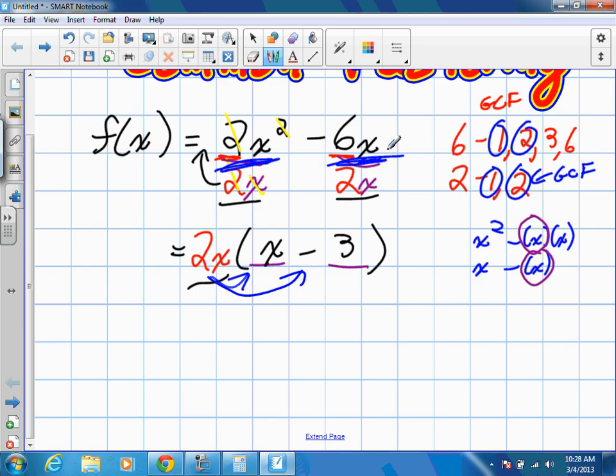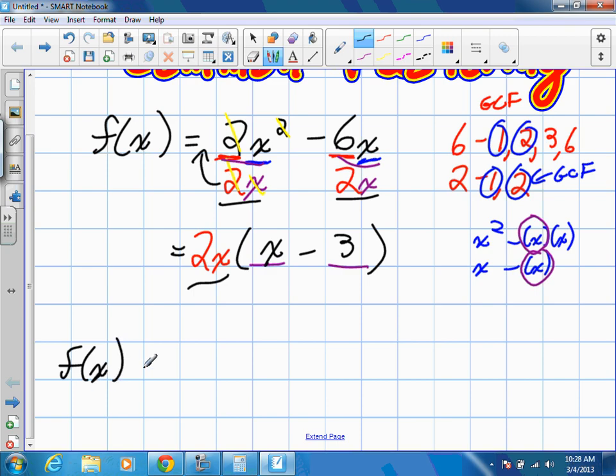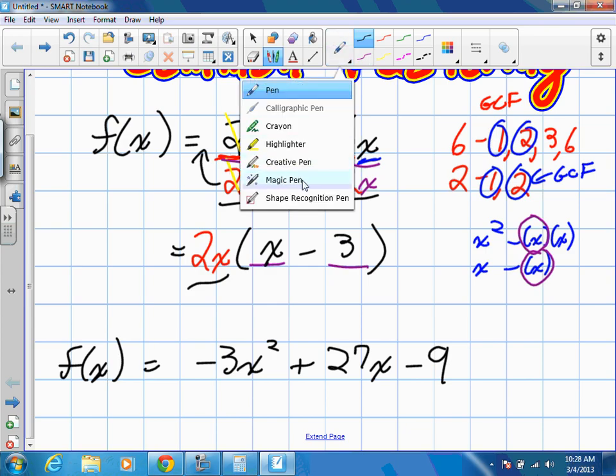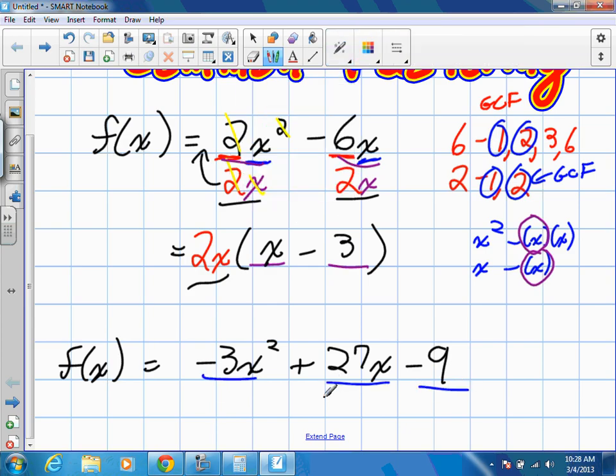Okay? So, let's say another value here, f of x is equal to negative 3x squared plus 27x minus 9. Okay? Very first thing I want to do is take a common factor out. So this time I have 3 terms, right? We have 1, 2, 3. We have an addition and a subtraction sign separating everything.